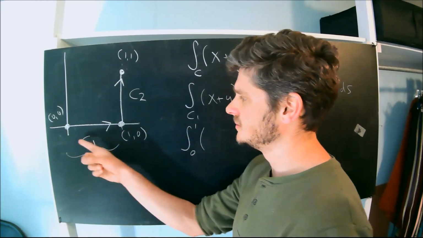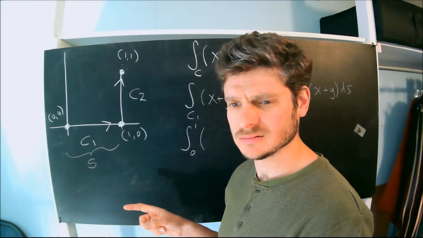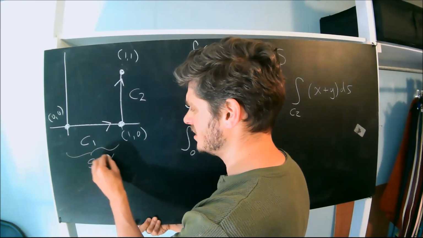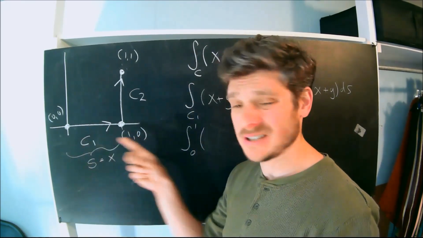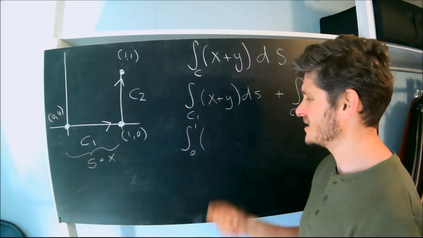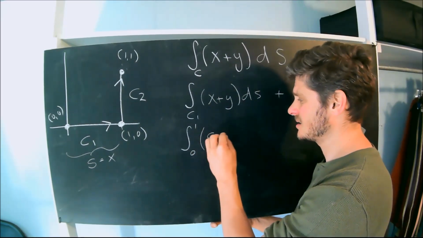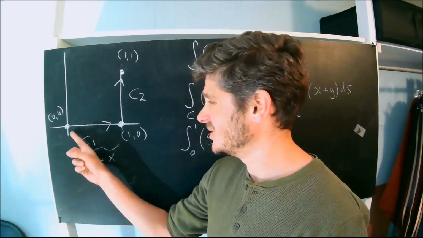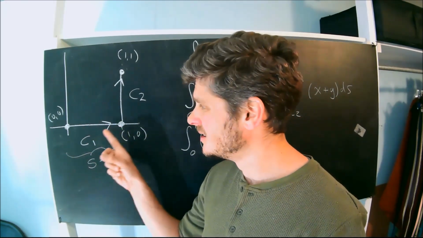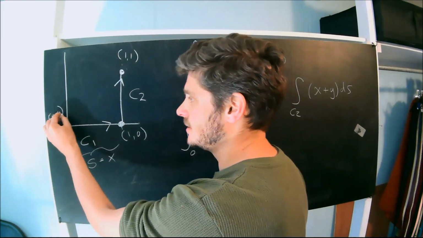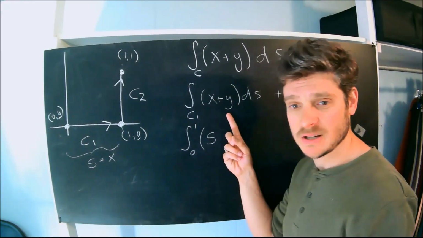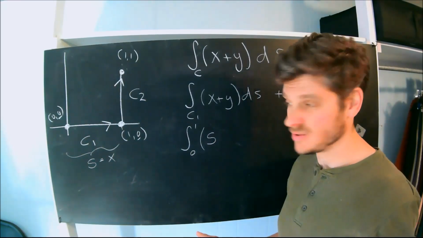X, well, x is going from 0 to 1. In fact, in this case, my arc length is just the same thing as my variable x. I'm just counting over. So x is just s plus, well, what's y? Well, along this entire line from 0, 0 to 1, 0, y is just going to be 0.